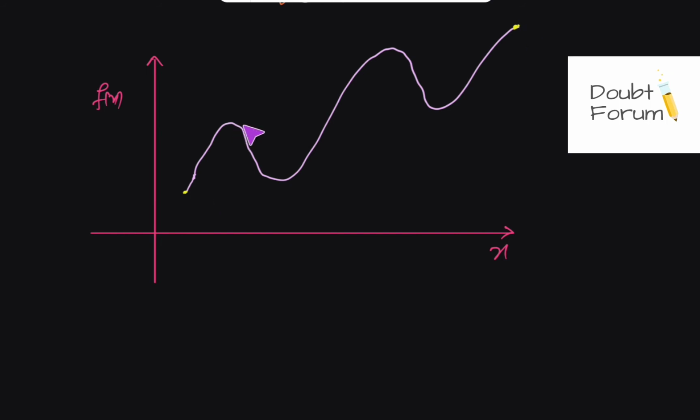Other than these two, there are some local minima and local maxima also. So this point is representing a local or relative maxima point. This point is representing a local or relative minima point. Similarly, this point is also representing a local or relative maxima point, and this point is representing a local or relative minima point. So these four points are representing the local minima and local maxima.